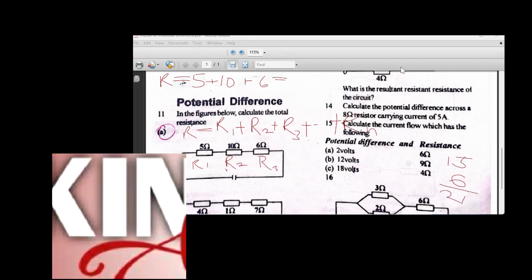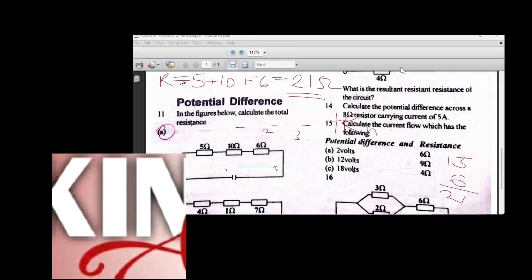So the equivalent resistance of these resistors is 21 ohms. Is that okay? 21 ohms. That means you must always remember this formula in order to solve problems with respect to resistors that are connected in series. Okay?